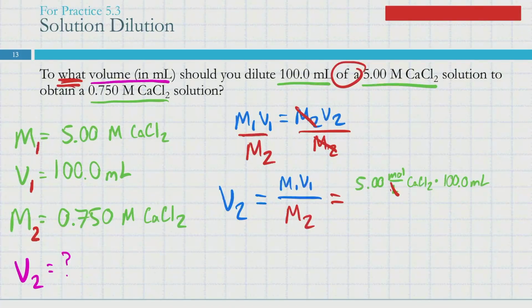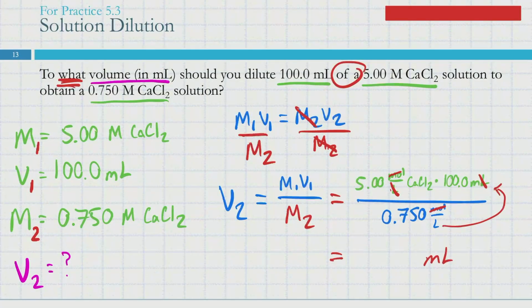So the liters parts would cancel there. And we're dividing this by 0.750, which is also moles over liters. And the way that this works out is the moles would cancel, the liters would get flipped to the top, and this ends up with units of milliliters CaCl2.